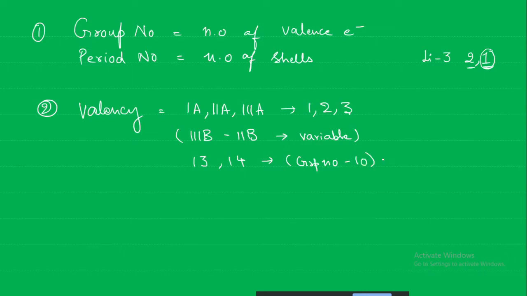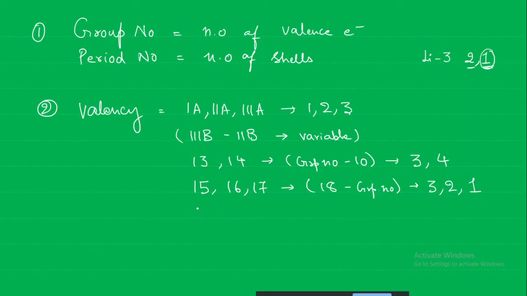So that will be 3 and 4 respectively, the valency of these. For groups 15, 16 and 17, here we will subtract the group number from 18. So 18 minus 15 comes 3, 18 minus 16 comes 2, and 1.